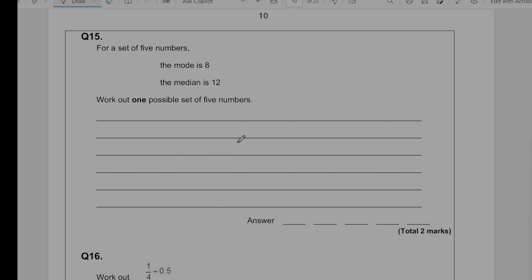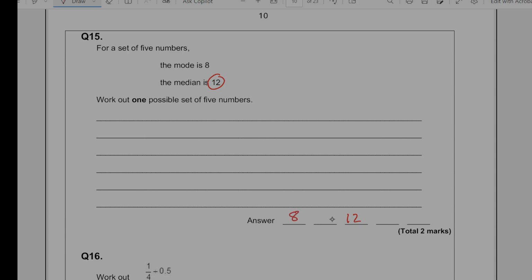Okay, work out one possible set of 5 numbers, where the mode is 8 and the median is 12. So if the median is 12, that means the middle number has got to be 12. If the mode is 8, we can go 8 there and 8 there.